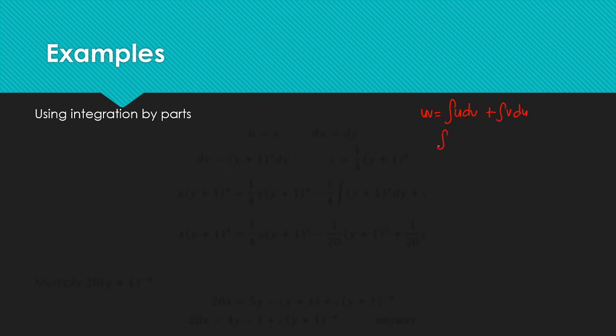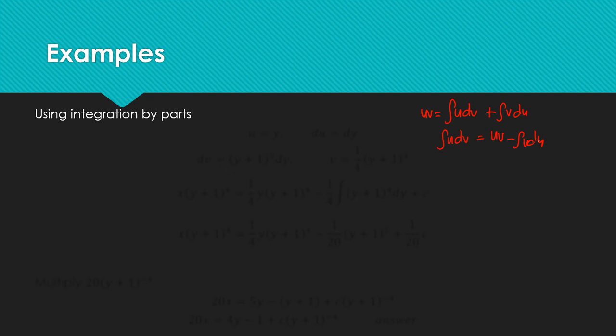So, if you have the integral of u dv, then uv is equal to, sorry, so, integral of u dv is equal to uv minus the integral of v du.